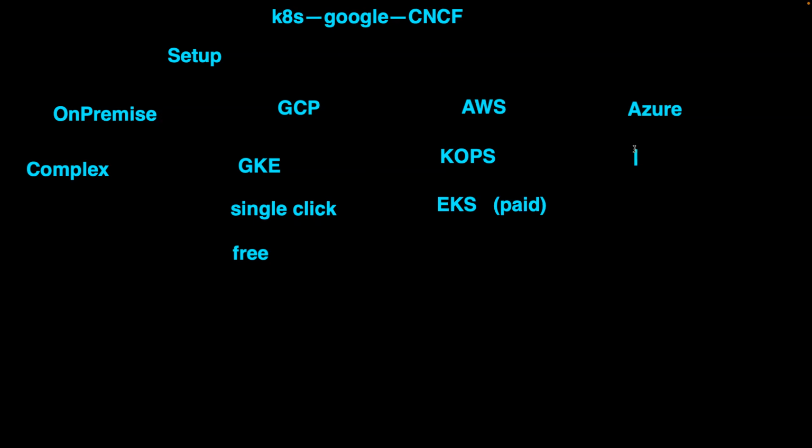Coming to Azure, Azure also has a service called AKS, Azure Kubernetes Service. So every cloud provider offers a service. Setting up the cluster on cloud providers is easier than doing it on-prem. But to understand the setups on cloud, you should first understand the on-prem kind of setup.